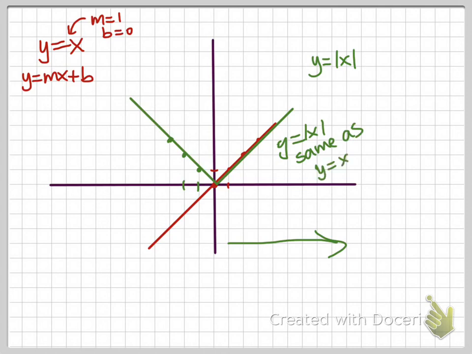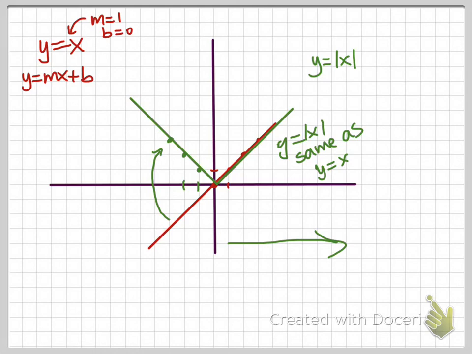On the left side, it's not. It's like it's reflected. So check this out. It's like we put it on a mirror. So notice how when your x's are negative, everything flips up to be a positive. So absolute value takes anything that's negative and it just flips it up to make positive. So that's just an interesting thing.